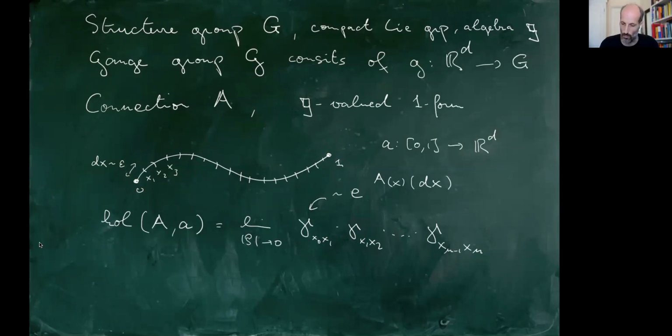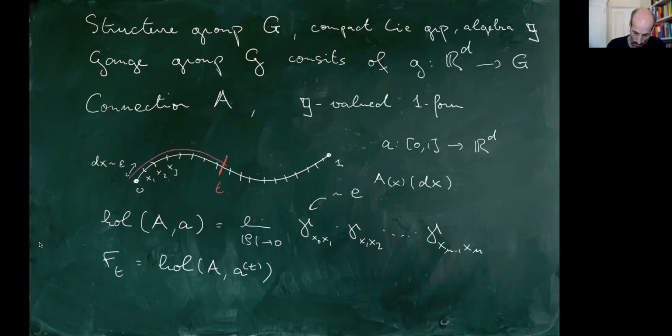If you think of what the ODE is, if I write f_t to be the holonomy of A along a_t, where a_t is now the path which I just stop at time t, so a_t would just go up to here, say time t.